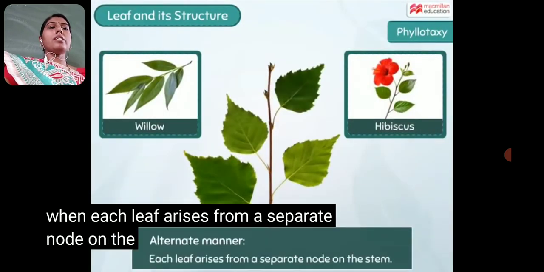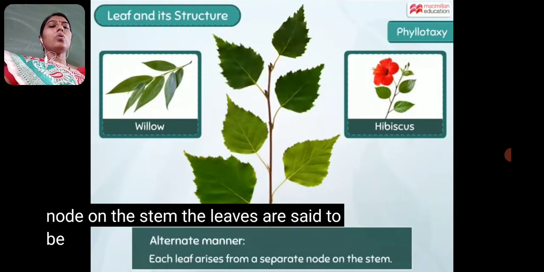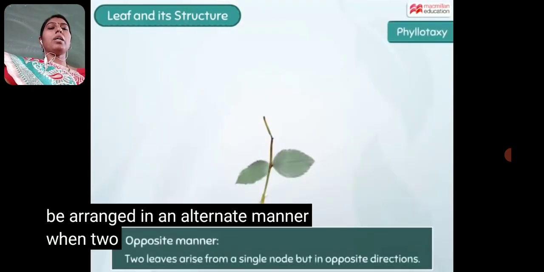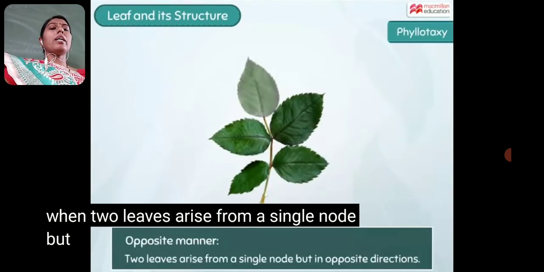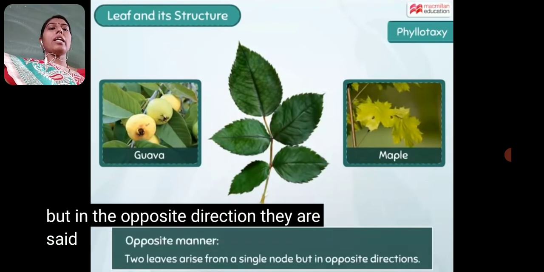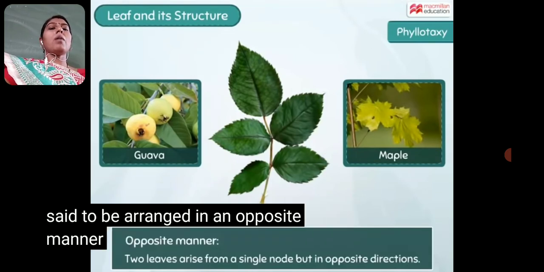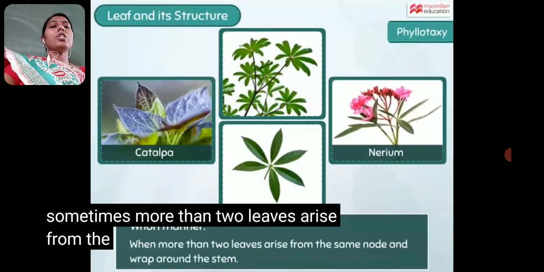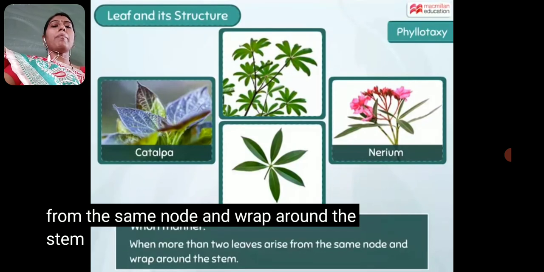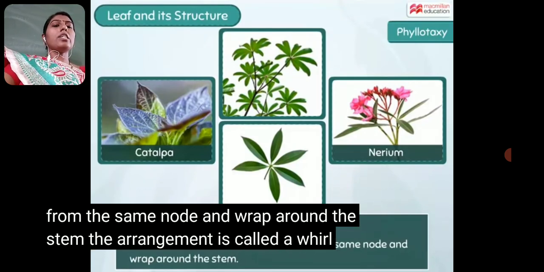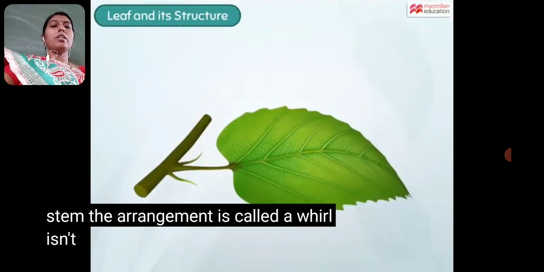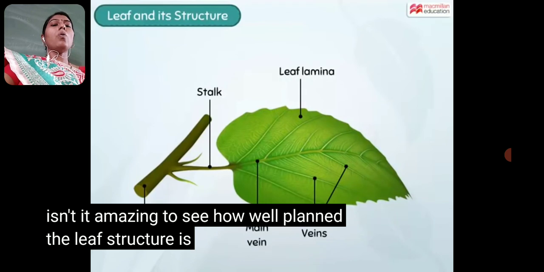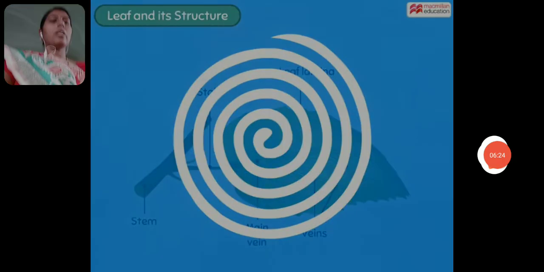When the leaves arise singly at separate nodes, that arrangement is seen as alternate. When two leaves arise from a single node in opposite directions, they are called opposite. And sometimes leaves arise from the same node and wrap around the stem, and that arrangement is called whorled. It is amazing to see how well the leaf structure is arranged. Okay, thank you.